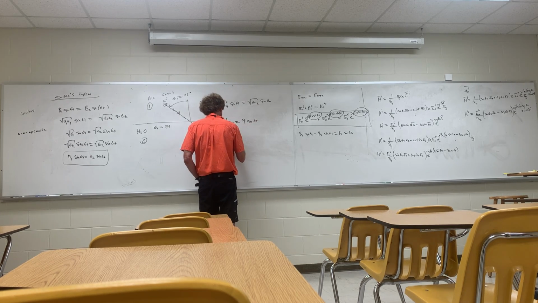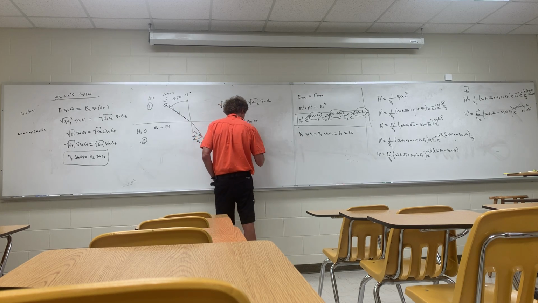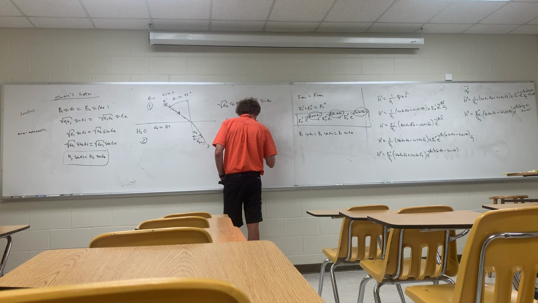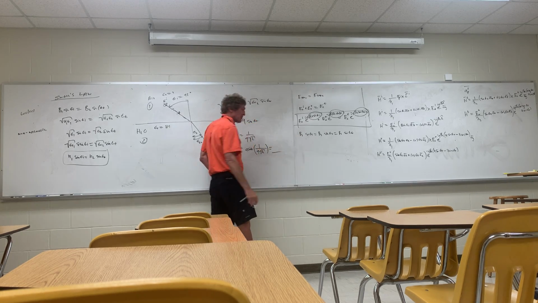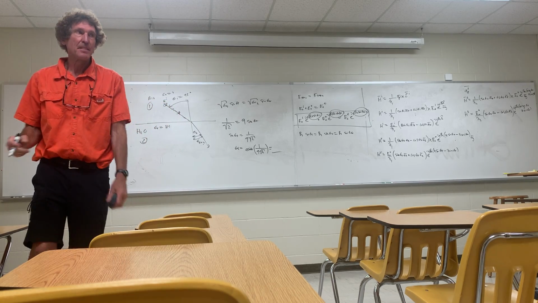So the sine of theta transmitted is 1/9 times 1 over square root of 2, or theta transmitted is the inverse sine of 1 over 9 square root of 2. What is that in degrees, anybody?